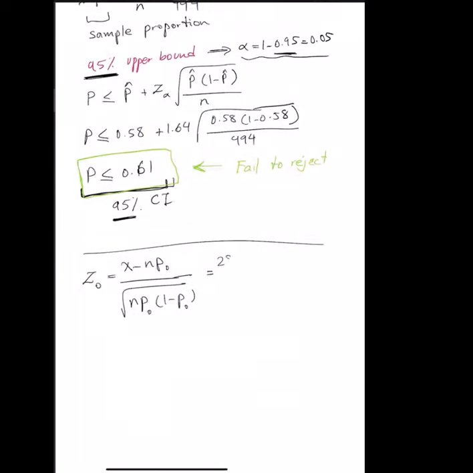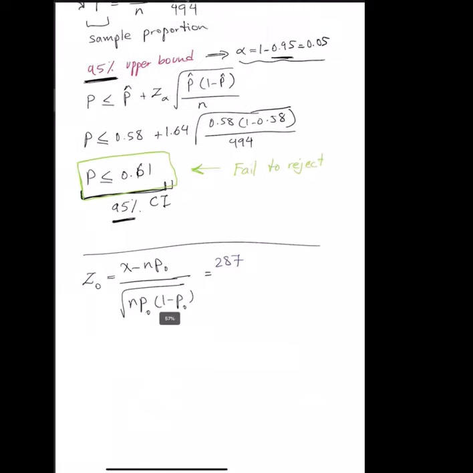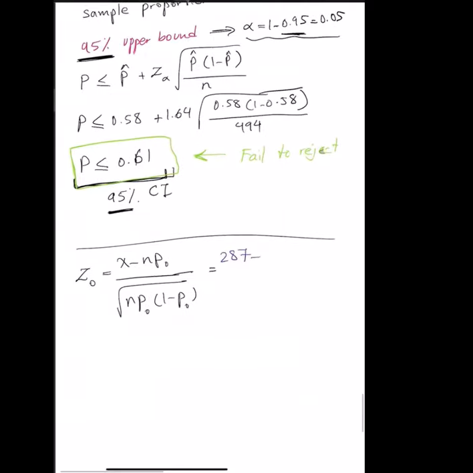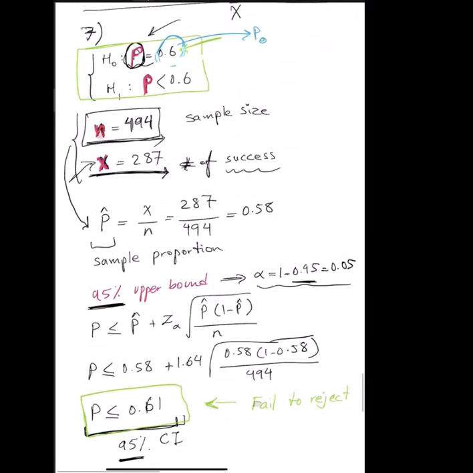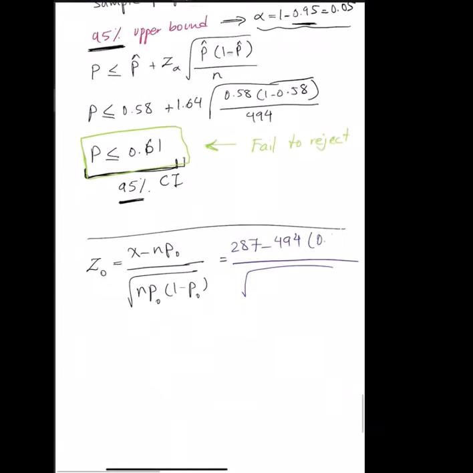X is 287, the number of successes, n is 494, and p null is 0.6, then 1 minus 0.6, which is 0.4.